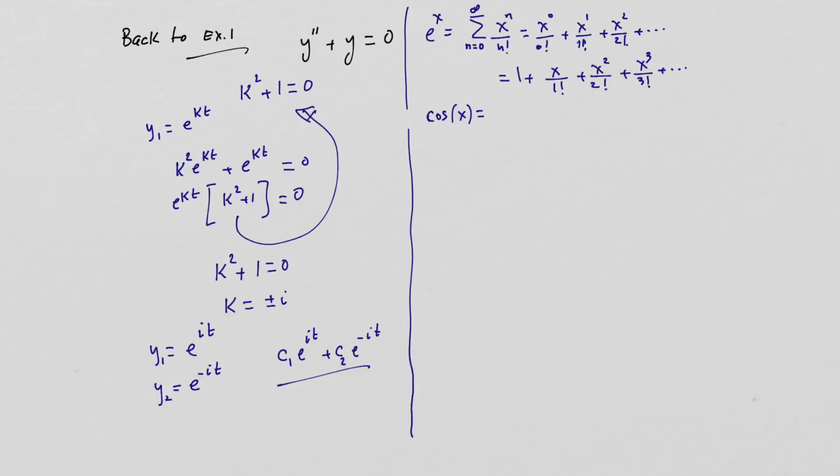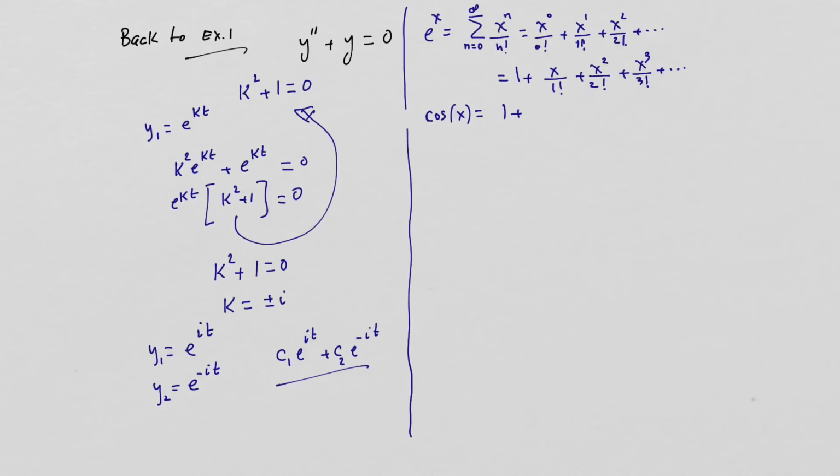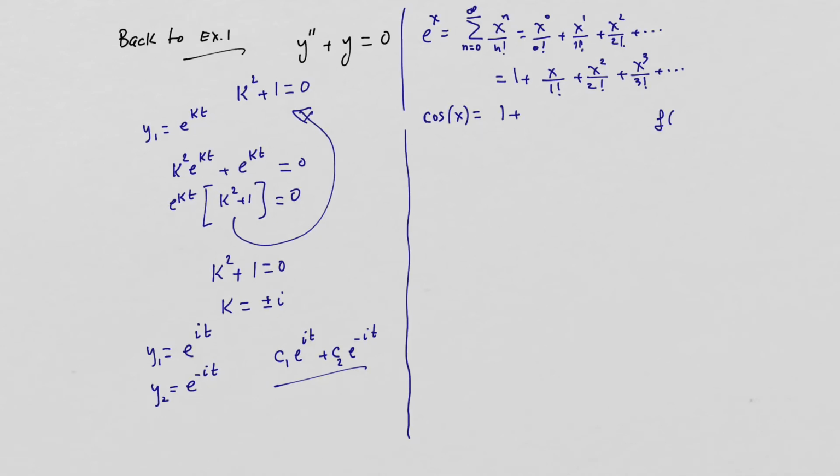Because the cosine function is an even function. So you get 1. 1 is even. If you have y equals 1, then f of negative x is also 1, right? So the function 1 is even, so that's going to have to stay with the cosine function. So we have 1 plus x squared over 2 factorial plus x to the 4th over 4 factorial, dot, dot, dot.